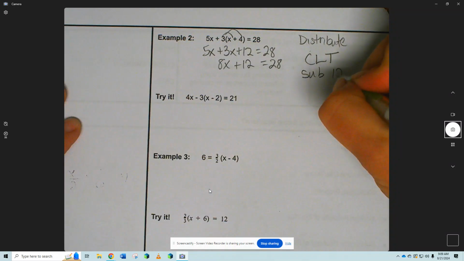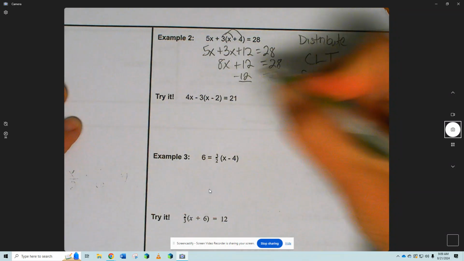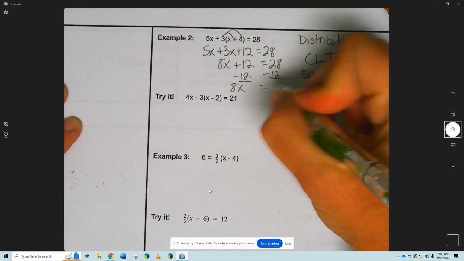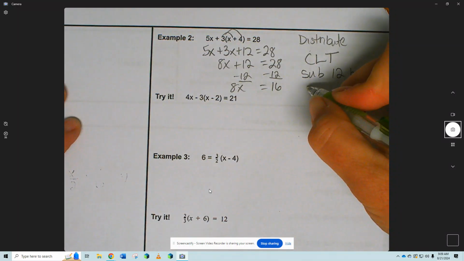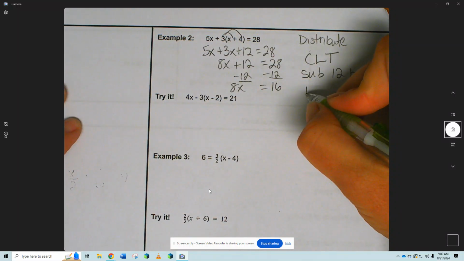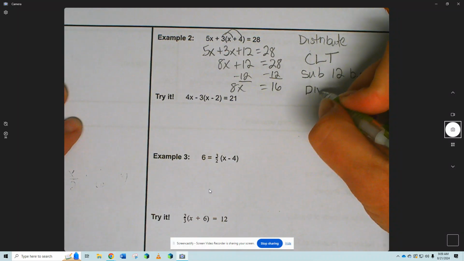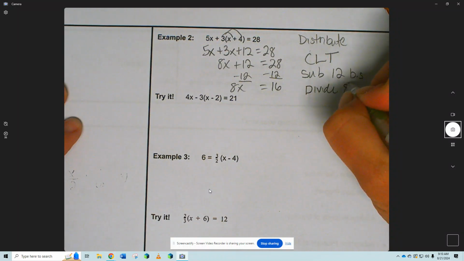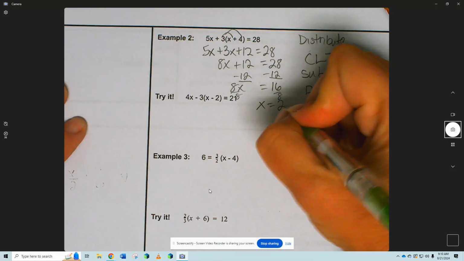Good. Subtract 12, both sides. 8x equals 16. How'd you get 2? So what'd you do to both sides? Yeah, that's it. And I'm totally out of space. X equals 2.